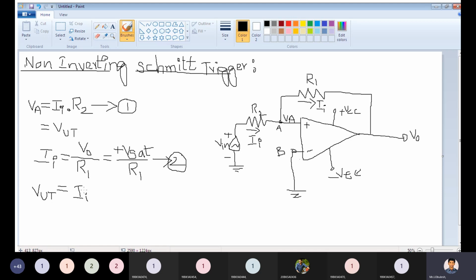Substitute the Ii value: plus V saturation into R2 by R1.